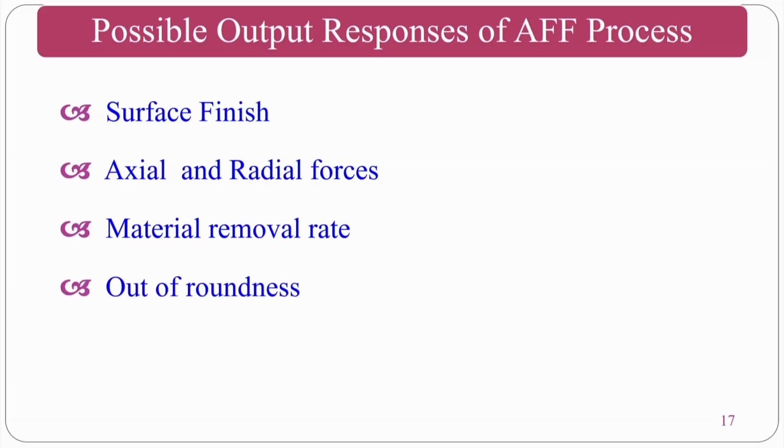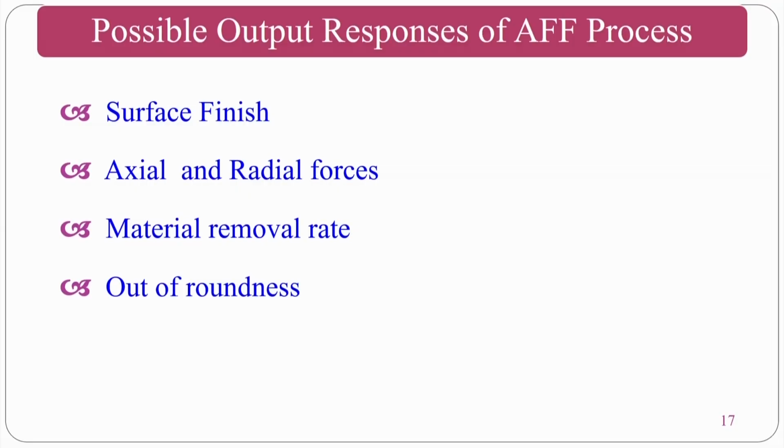Out of roundness, if you want to improve the out of roundness or cylindricity and other things, this can also be one of the output parameters, and you can improve the out of roundness by shearing the surface peaks.